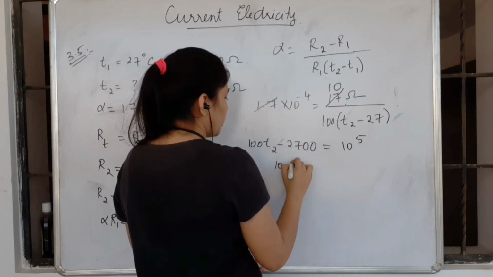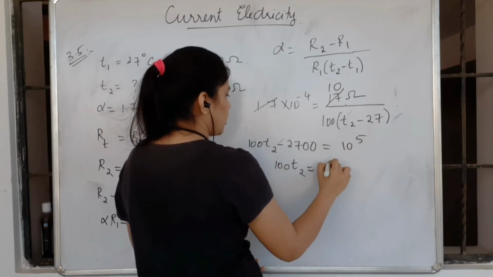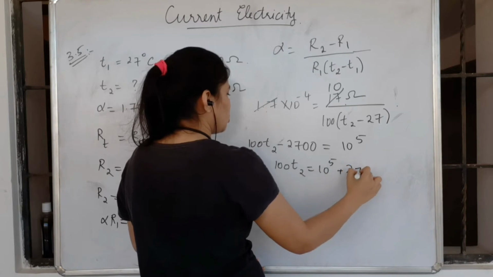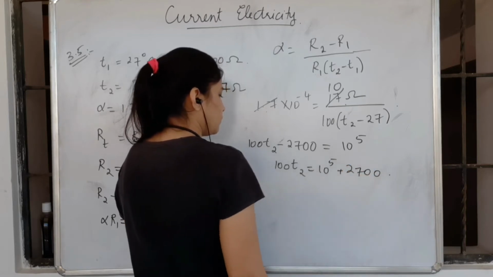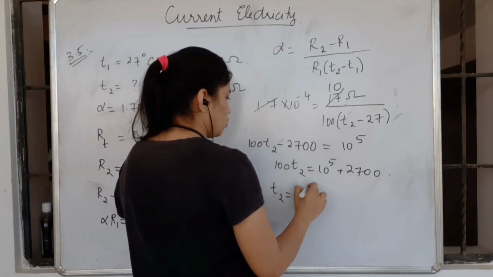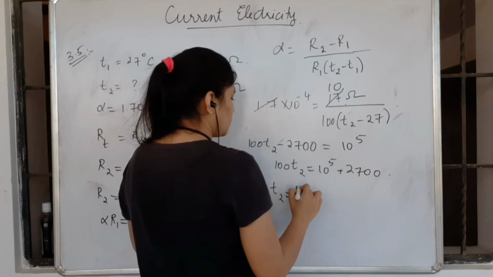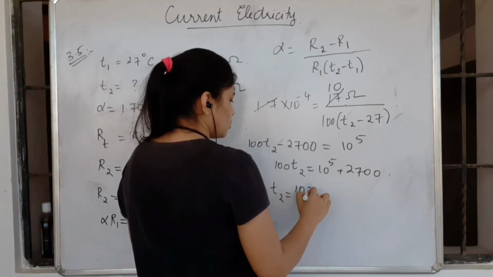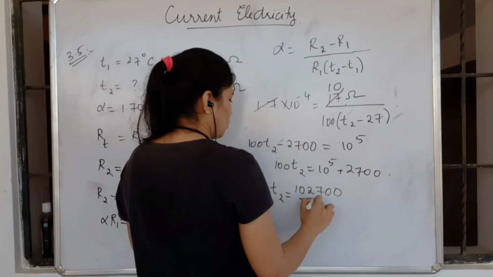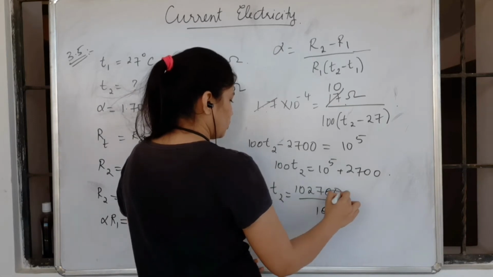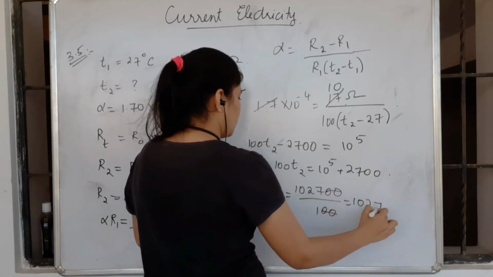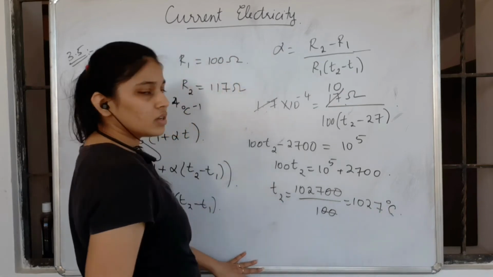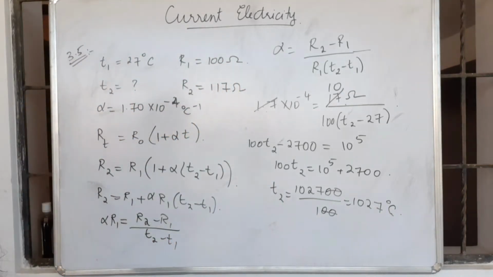So 100 into T2 is equal to 10 power 5 plus 2700. So T2 is equal to 102700 divided by 100. So 100 gets cancelled. So the answer is 1027 degree Celsius.